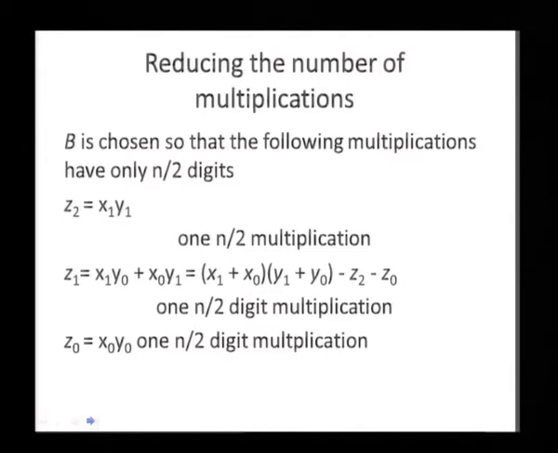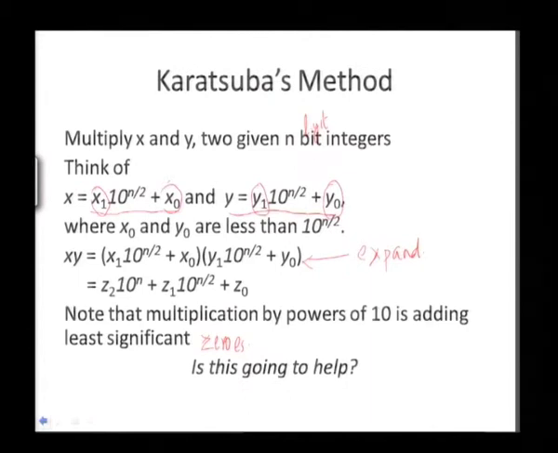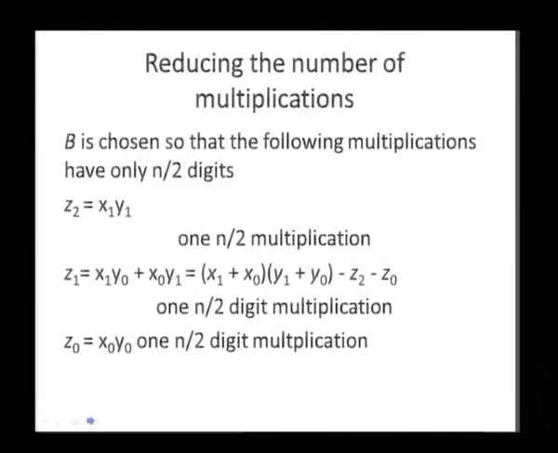So, let us just focus on Z2, which we have already seen, that is x1 multiplied by y1, Z1 which is x1 into y0 plus x0 into y1, and z0 which is x0 multiplied by y0. The most important thing is that this is 10 to the power of n by 2.